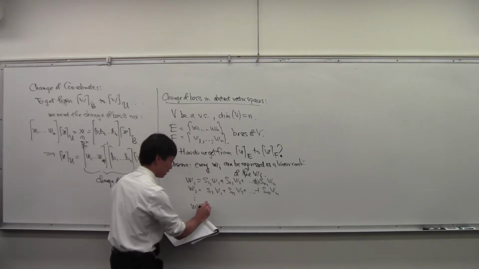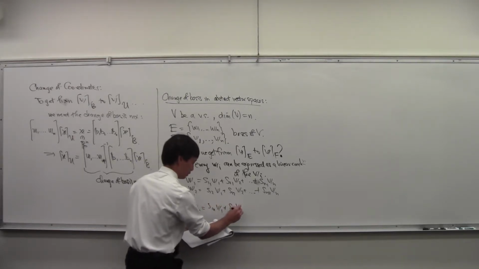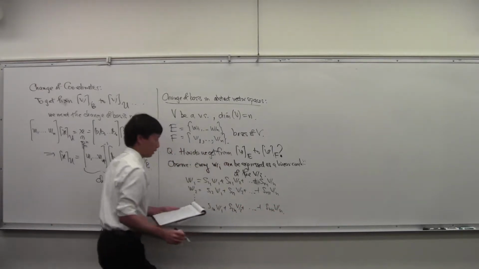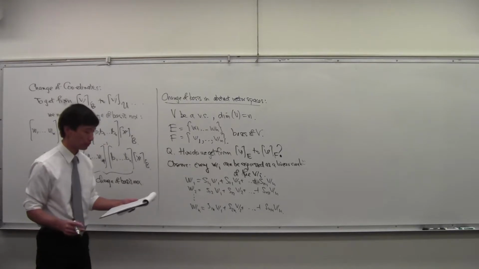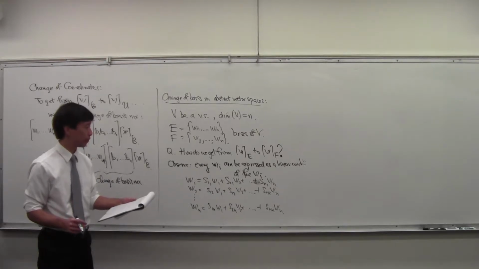Wn can be expressed as S1n V1 plus S2n V2 plus up to Snn Vn.